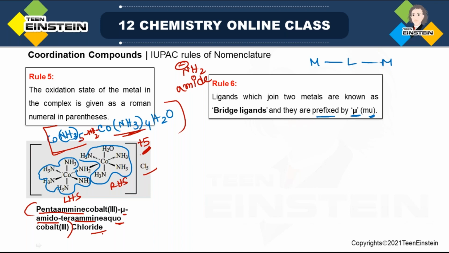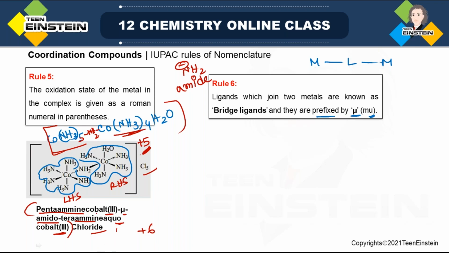Now don't think that you have to mention how many chlorides are there. That is not required, because it is already understood that 5 chloride will be there. Why? Suppose you do not know the picture, and this name is given and it is asked to draw the structure or write the formula, then you can easily understand that there are 5 chlorine. Because the total positive charge for each cobalt is plus 3, so it will be plus 3 into 2, that means plus 6.